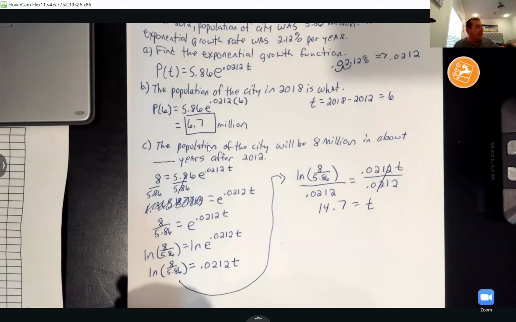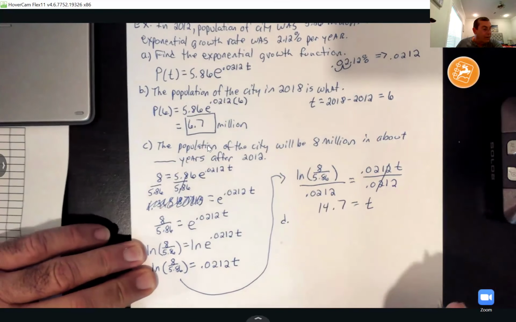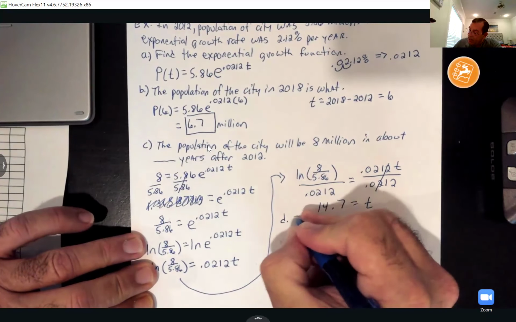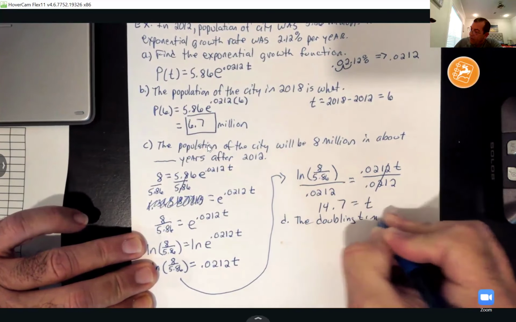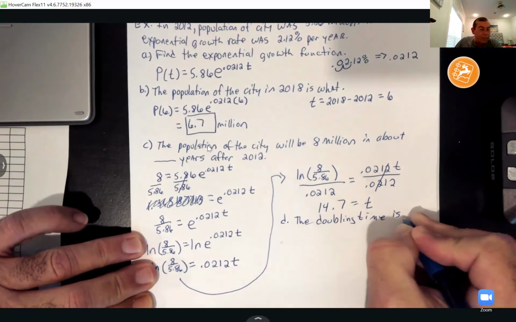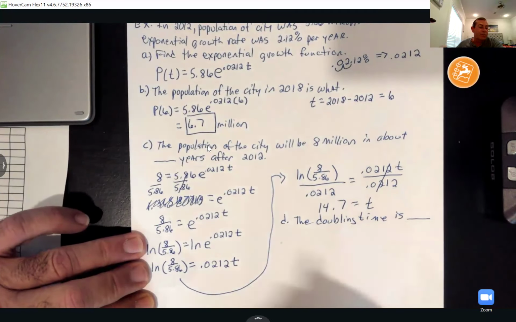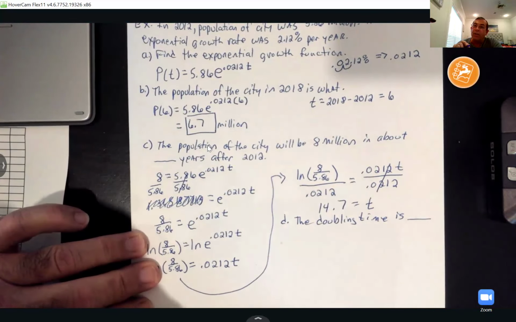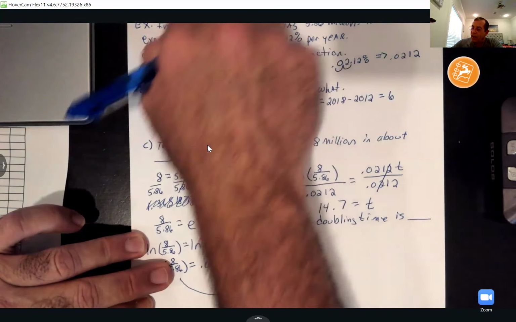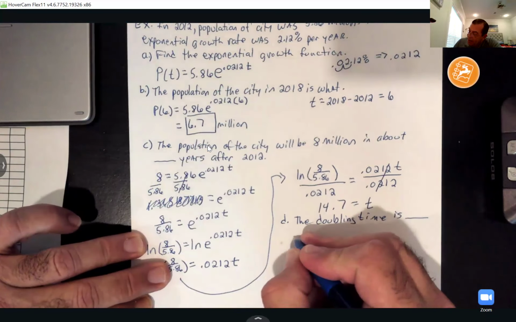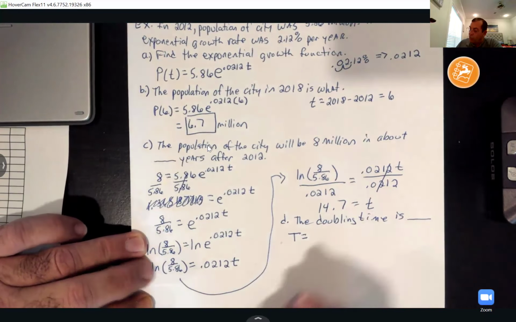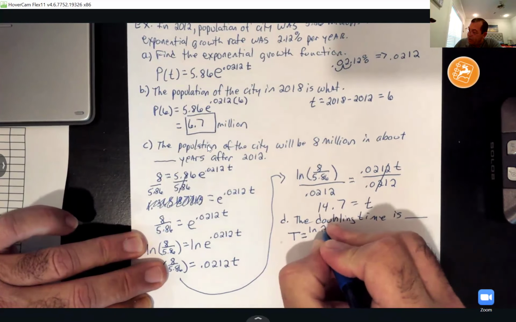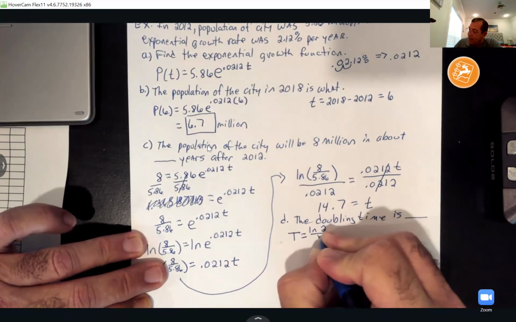All right, then let me see for D. So D, it says the doubling time is blank years. Now I got another formula I use for doubling time, and it comes out of the formula we're looking at. But doubling time is a capital T equals the ln of 2 divided by k.